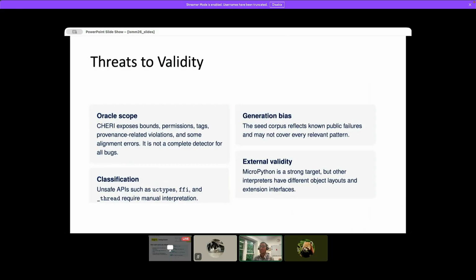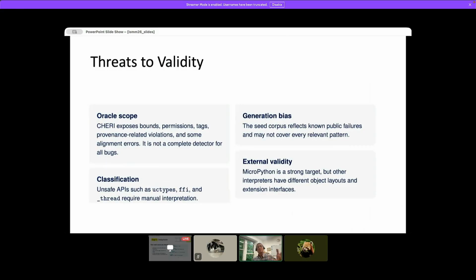Sometimes, if your CHERI system doesn't do runtime tracking of capabilities, then you don't necessarily detect all use after free. And it doesn't detect other kinds of errors that aren't related to memory safety. So it's a good oracle, but it won't find all the bugs.